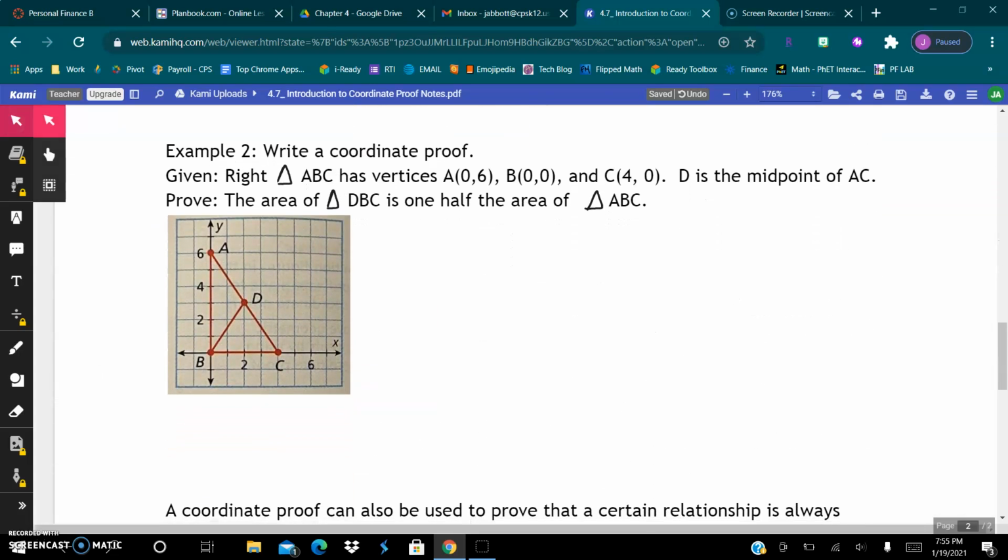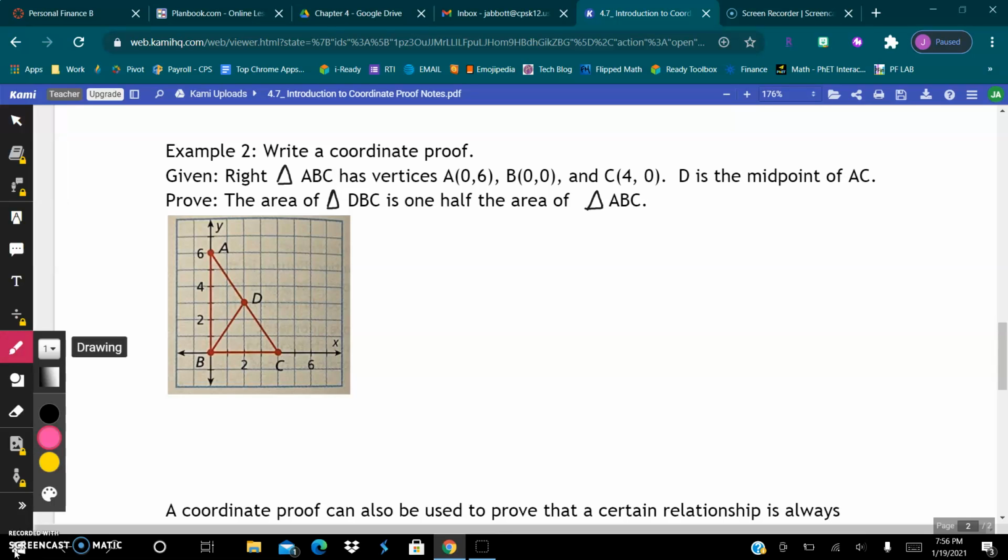Example 2 says that we have to write a coordinate proof, and we're given triangle ABC has these vertices, and D is the midpoint of AC, and we need to prove that the area of triangle DBC is 1/2 of the area of triangle ABC. We can look at triangle ABC here, and we can tell that it is 6 units high and that its base is 4 units across.